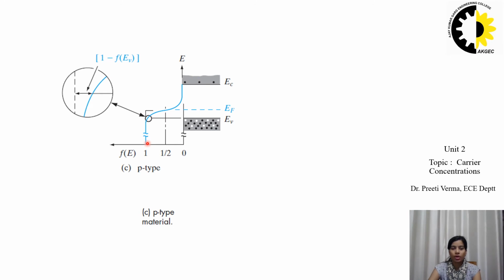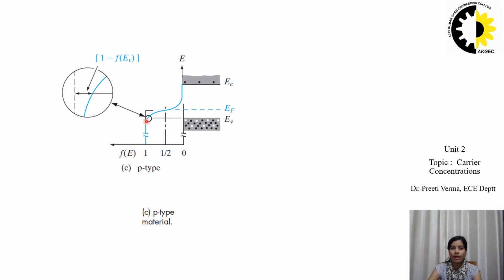Now for p-type material we know that the majority carrier concentration is of holes. So if we have F(E) as a function that defines the probability of existence of an electron in an energy level E, then 1 minus F(E) will provide the probability of existence of empty states, and those empty states are called holes in the semiconductor.